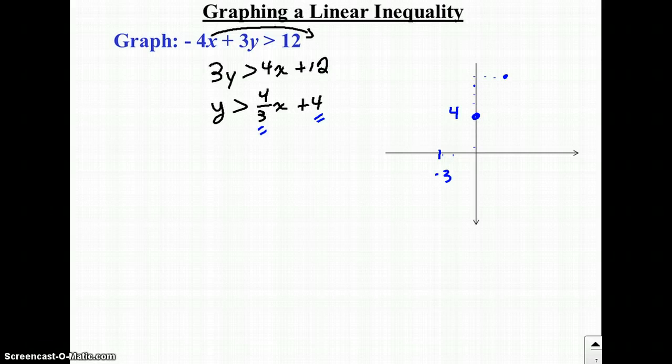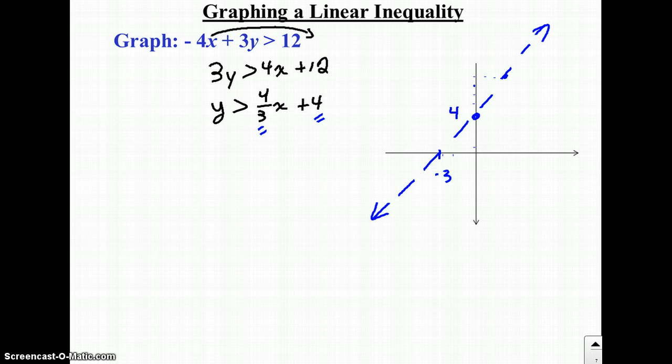Y is greater than this, so if I draw my line, that's the line y equals 4/3 x plus 4. We want y greater than that, so the line is not included, so we should make this into a broken line, indicating that the line is not part of the solution set.